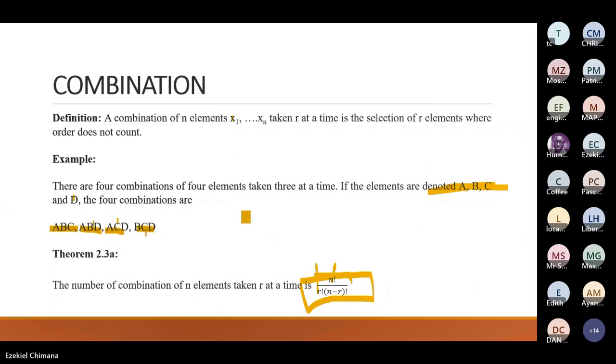The screen is not showing what you're explaining. It's showing now. Not showing on my side. I'm on combination.